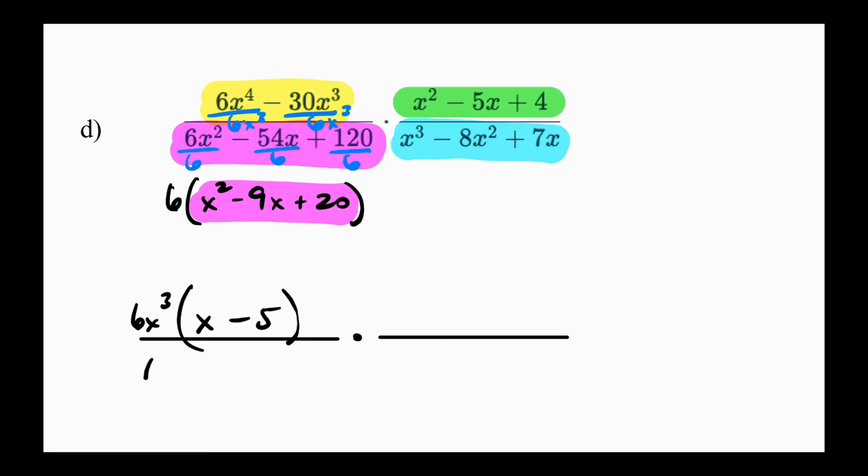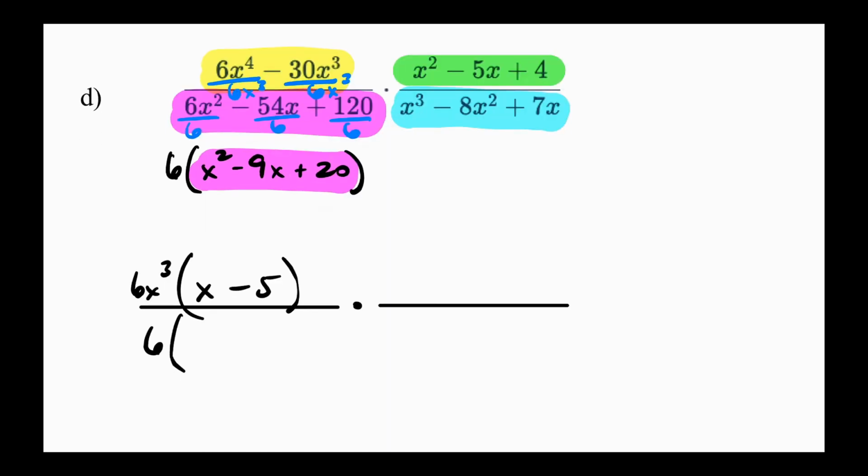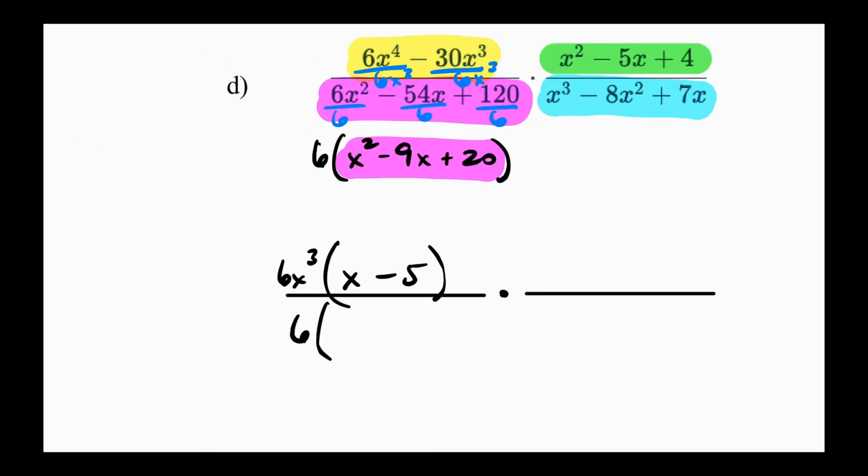Okay, so I put a 6 on the bottom. Now, the new part, after the GCF, I got to do ABC with those. So I'm going to do ABC with that guy over here. So A is 1, B is negative 9, C is positive 20.